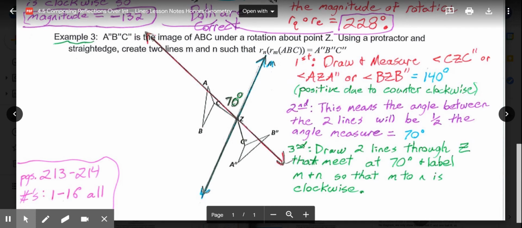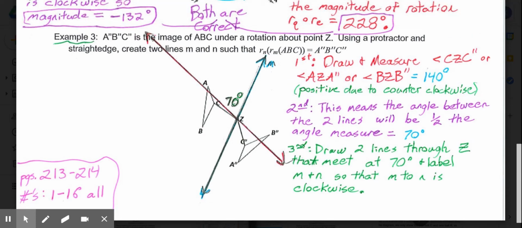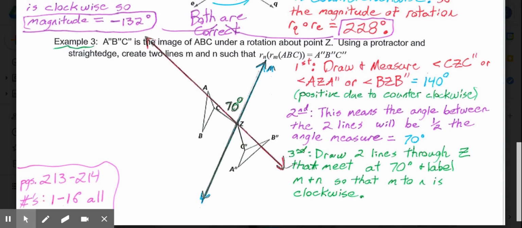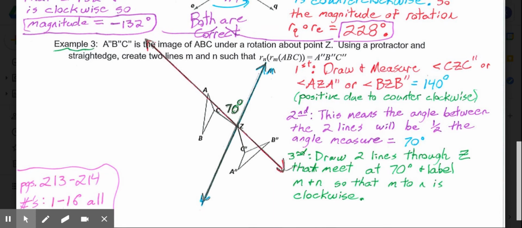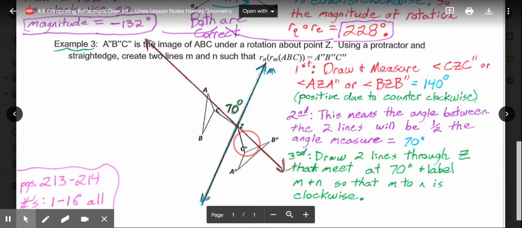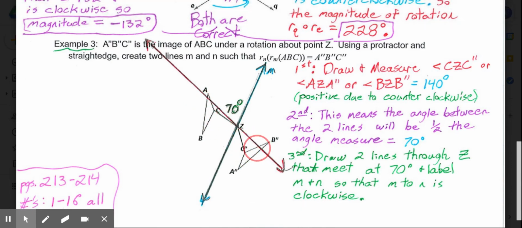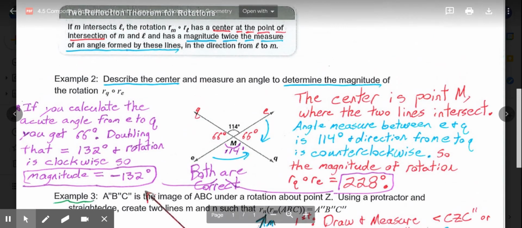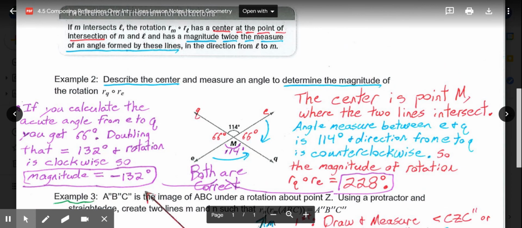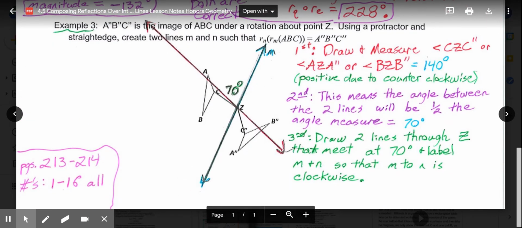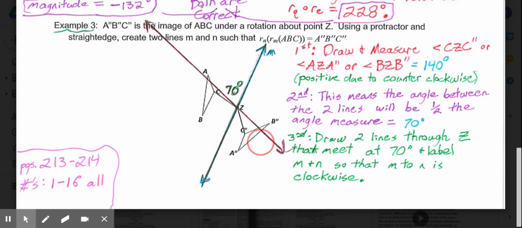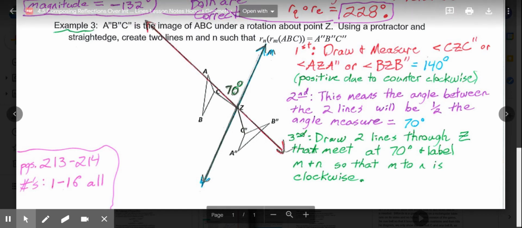Then the second part tells me that the angle measure between the two lines will be half of that. So if the measure between the two images is 140, we're looking at this theorem backward. If the angle measure between the first and final image is 140, half of that would be the angle measure between my two lines.